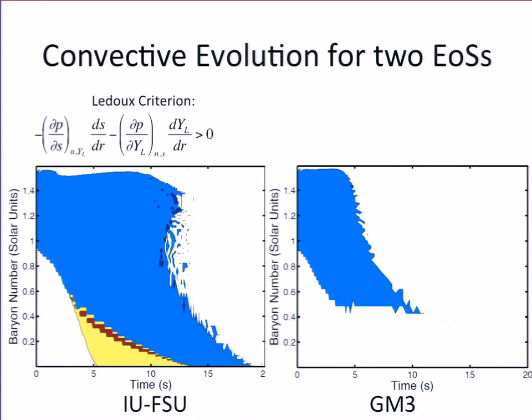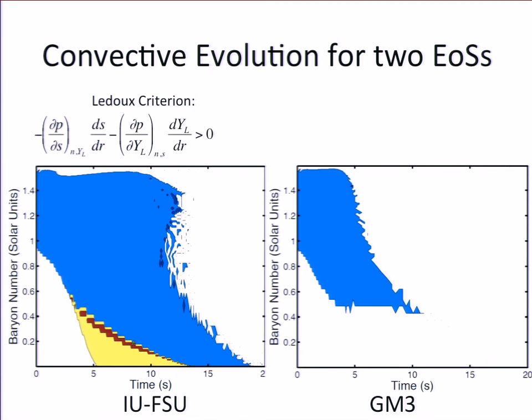Just to give you a feeling for how convection proceeds inside this proto-neutron star, here I'm showing you the enclosed baryon number as a function of time. This is for the IUFSU equation of state, and this is for the GM3 equation of state. The regions that are colored are convectively unstable, and you can see at early times just the outer layers are convectively unstable.